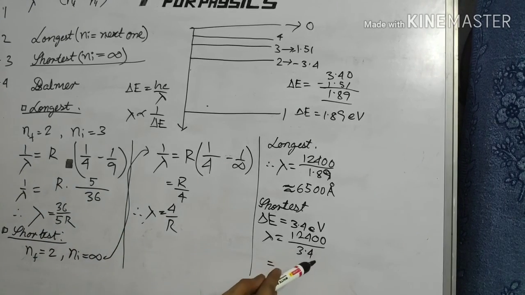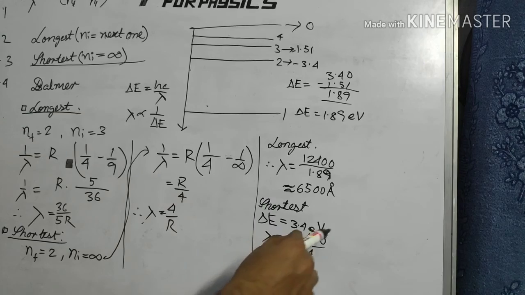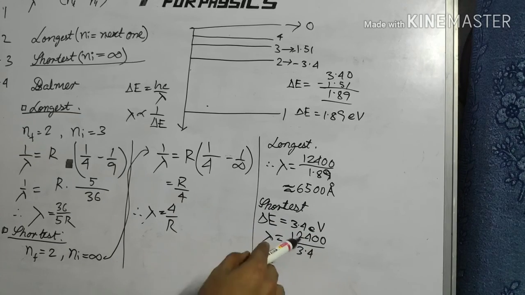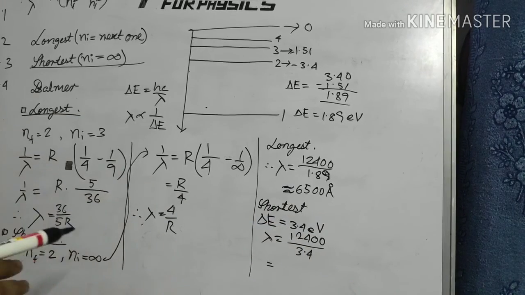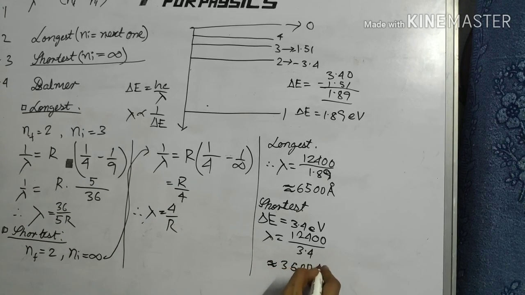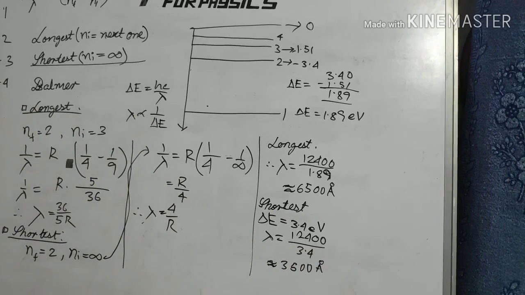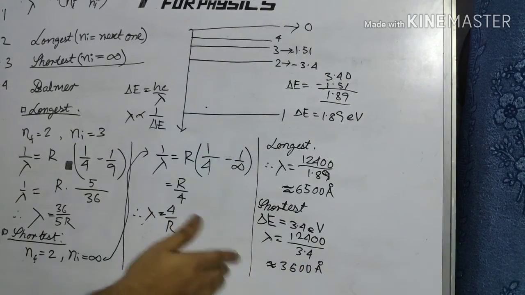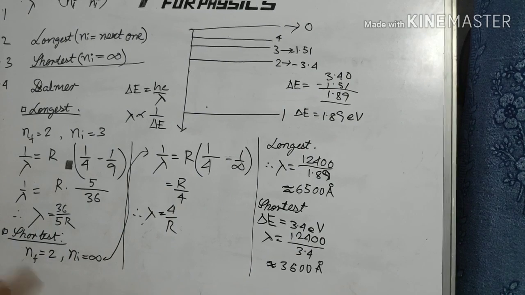If it was 3, it would be 4000 something. If it was 4, it would be 3000 something. So it should be in between 3000 and 4000. So let's take it as 3500 angstrom, and practice this one for increasing your speed for the competitive exams. Okay, so let's move on.